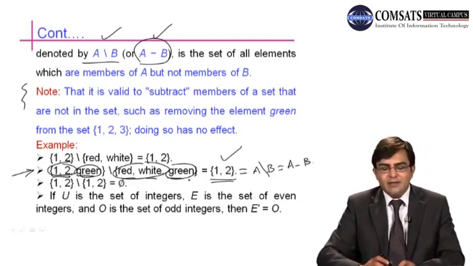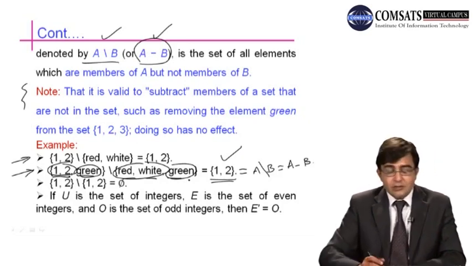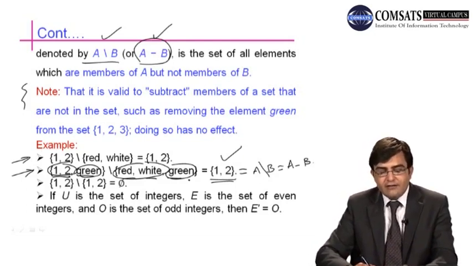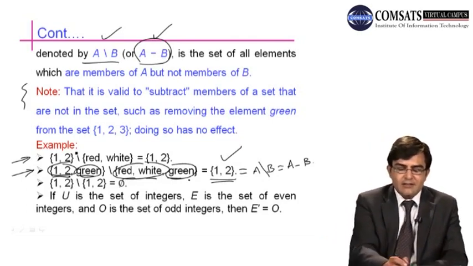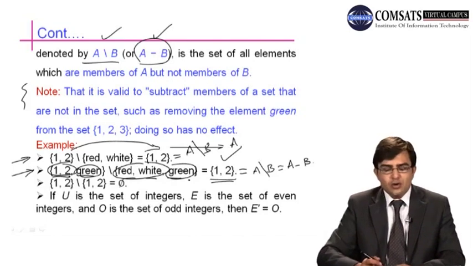The common members will be eliminated from A. So for example, in this example, if we subtract red, white from 1, 2, because there is no common element in these two sets, A minus B becomes A. Basically A minus B becomes A when we have no common elements in A and B.